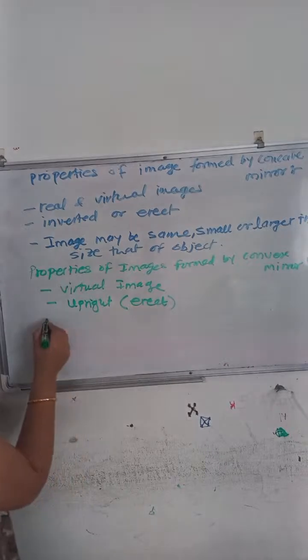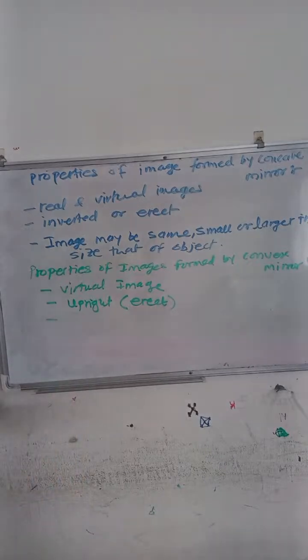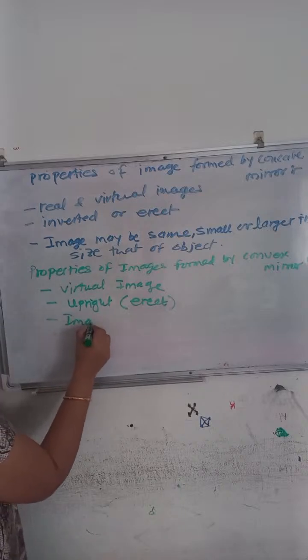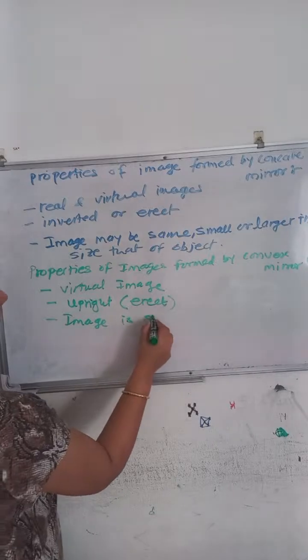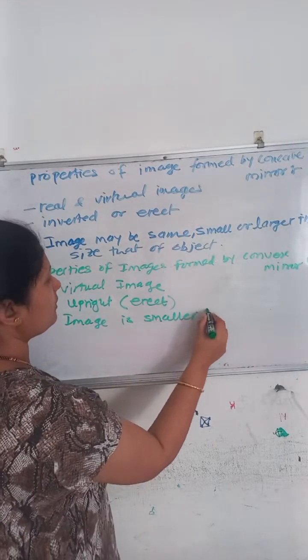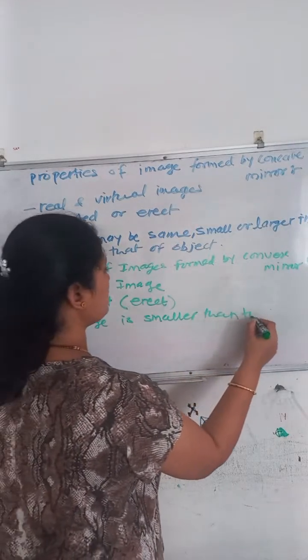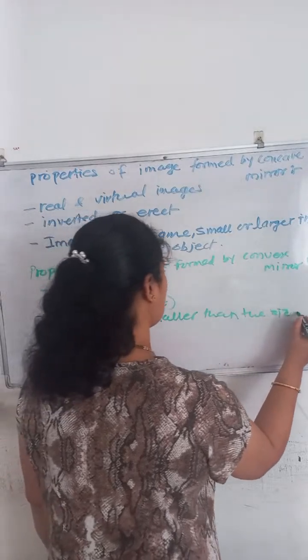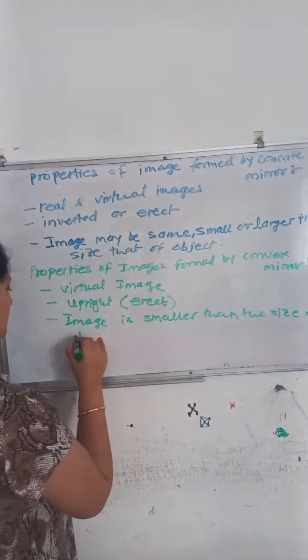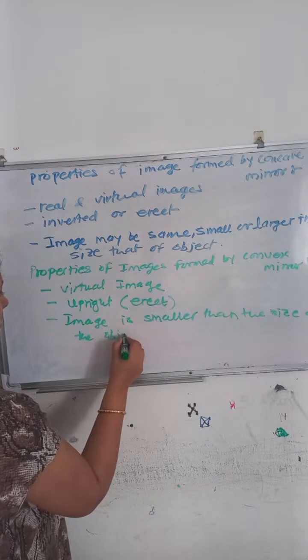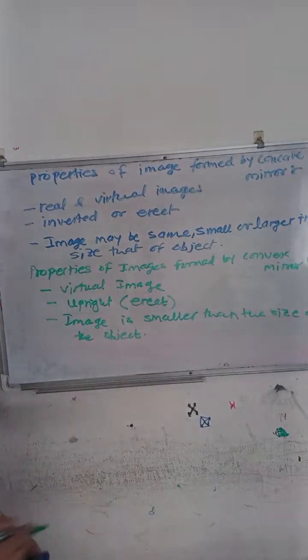And the third point here, the image is always smaller than the size of the object. So these are the properties of both the mirrors.